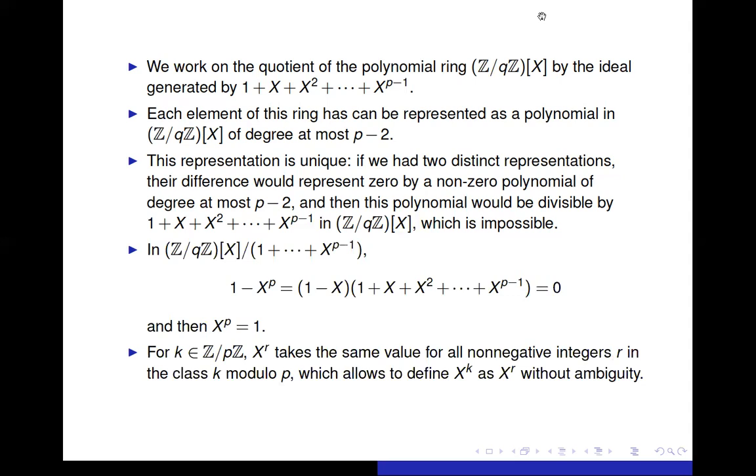So I can talk about x to a power in Z/pZ, because if I choose k in Z/pZ and I take a representative of this class modulo p given by r, then x^r does not depend on the choice of the representative. So we can define x^k without ambiguity.